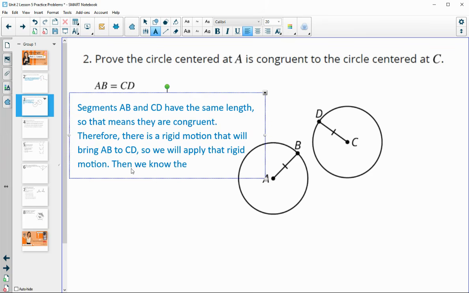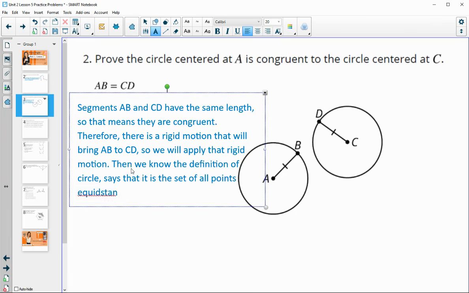Then we know the definition of a circle says that it is the set of all points equidistant from a given center.